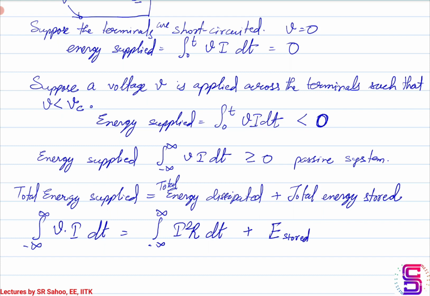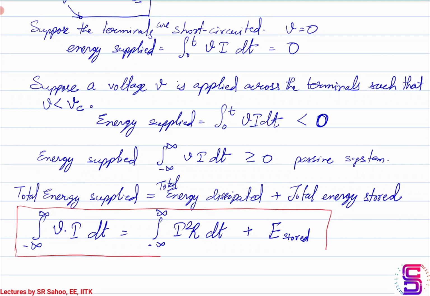Okay, so total energy supplied is energy dissipated plus the energy stored. So this equation that you have here, I've written it for an electrical circuit, I'll state it in general how it would look like, is known as the dissipation equality.